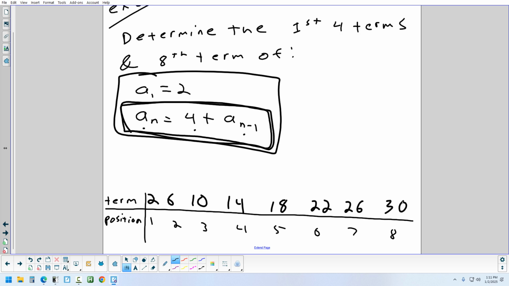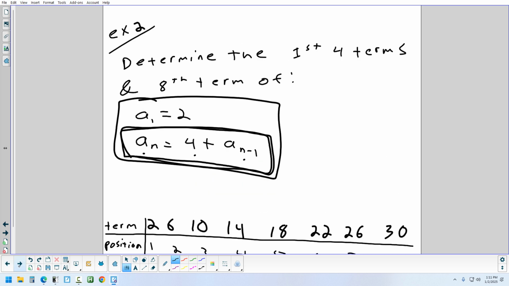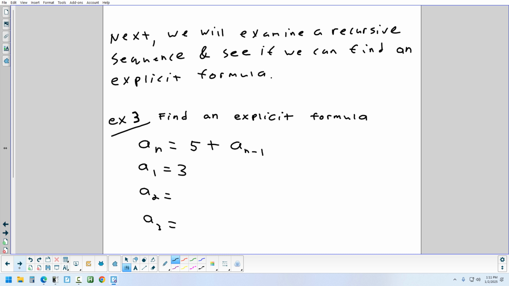Okay, so any question on the difference between recursive and explicit? So now let's see if we can take something that they give us that's recursive and change it to explicit.